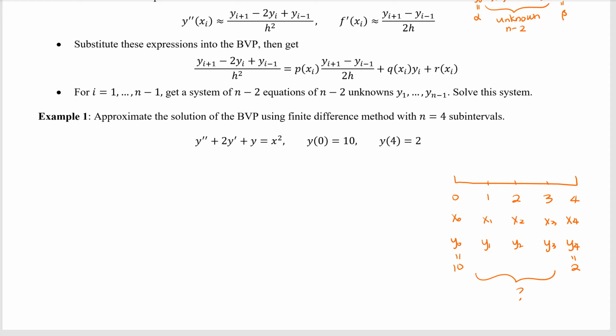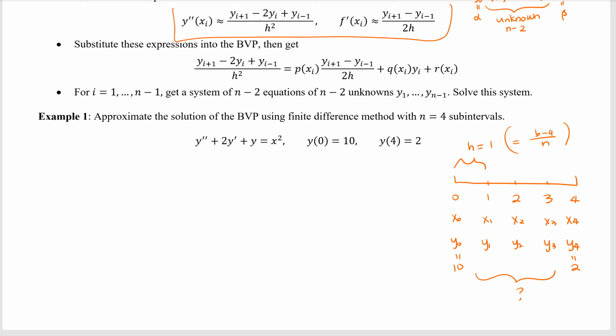So far so good. And what is h? Well, h is the step size. In this case, it's 1. And we know this is (b minus a) over n, right? So b is 4 minus 0 over n, which is 4. So this is 1. Okay, next we need to plug in the central difference formula.